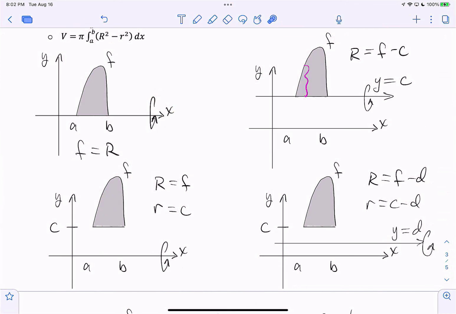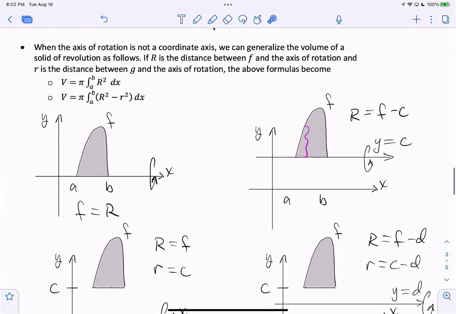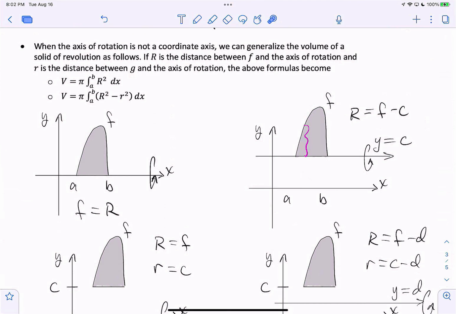Then it becomes f minus c when I'm rotating it about the line y equals c, right? And then it becomes f minus d. It's always the distance between the function and the axis of rotation. And that's true whether we're talking about the outer radius or the inner radius.